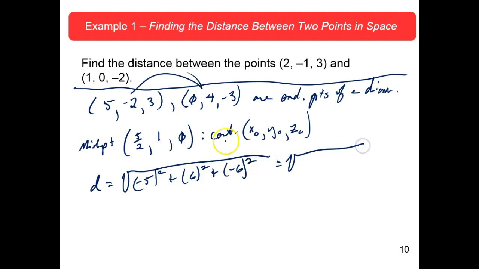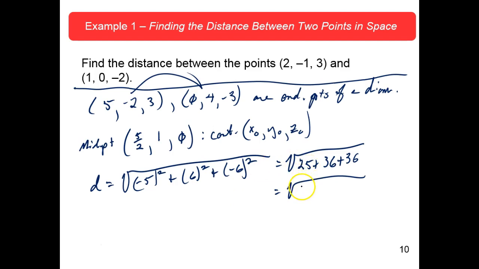That's the square root of -5 squared, 25, plus 36 plus 36, equals the square root of 72 and 25.